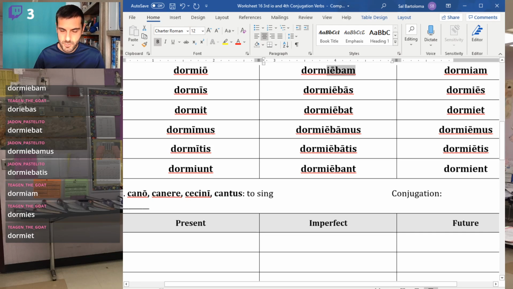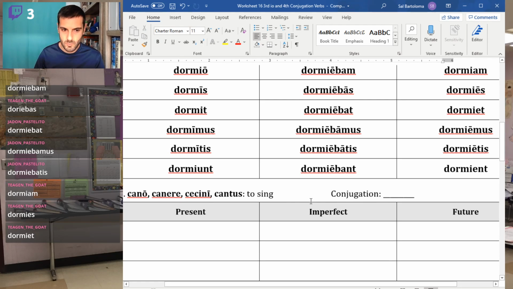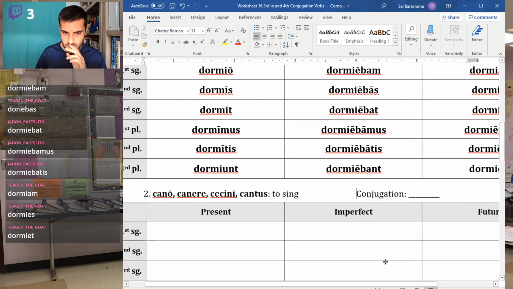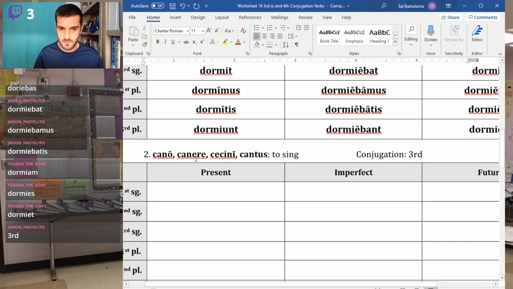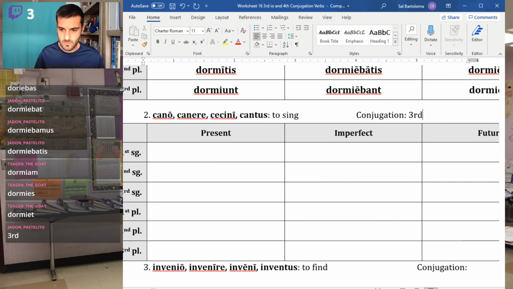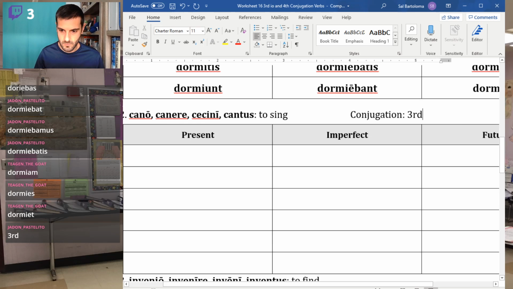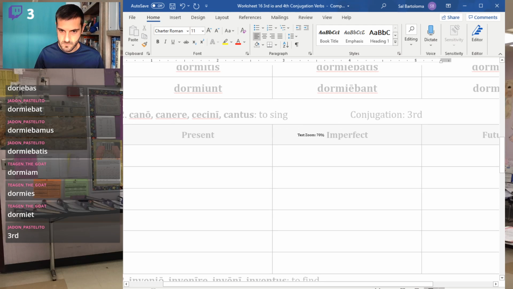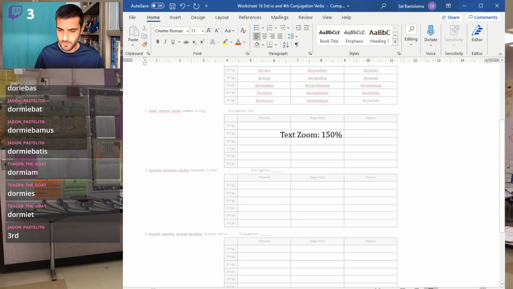That's so strange. Okay. What conjugation is cano? Cano, canere, cecini, cantus. That is third conjugation. Excellent. My zooms are all off.